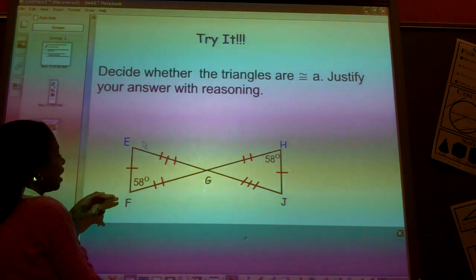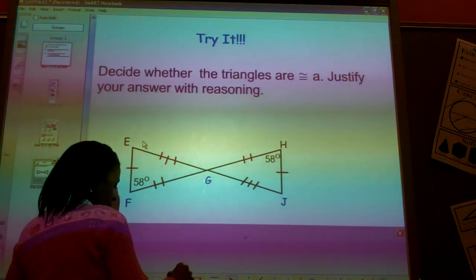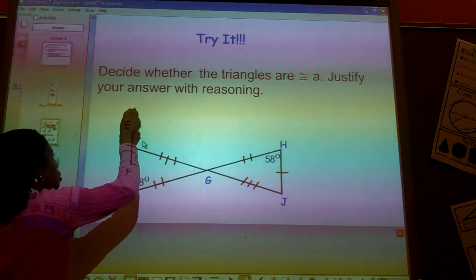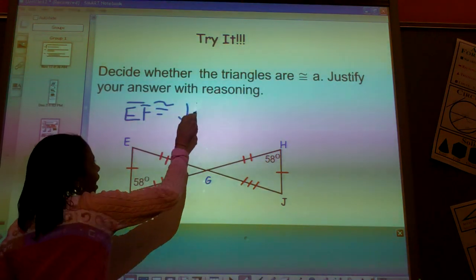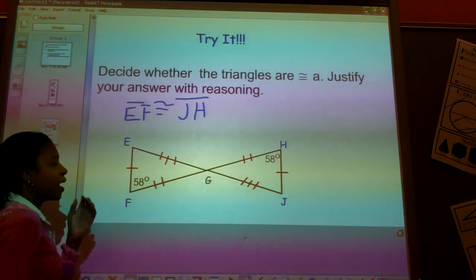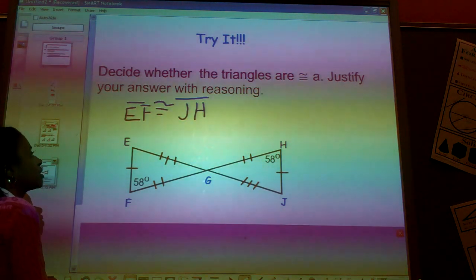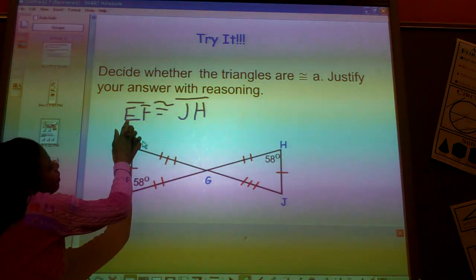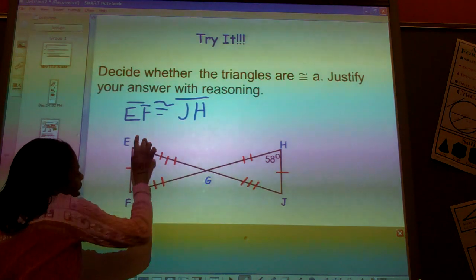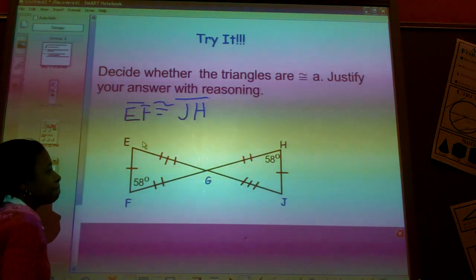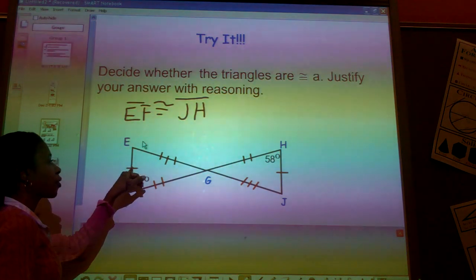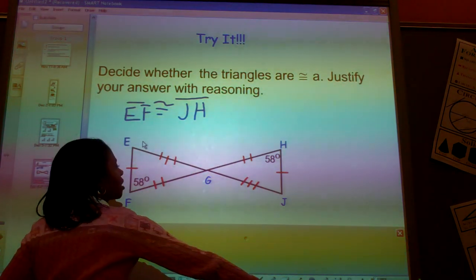So EF is congruent to JH, written in that order because E corresponds to J and F, 58 degrees, corresponds to H.